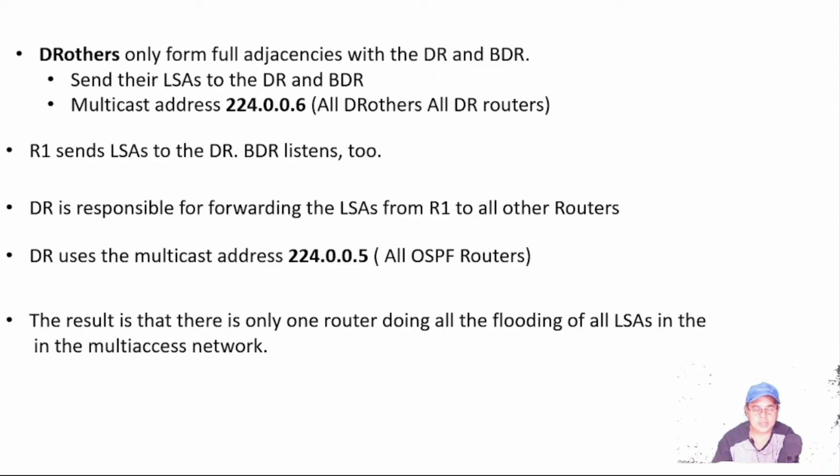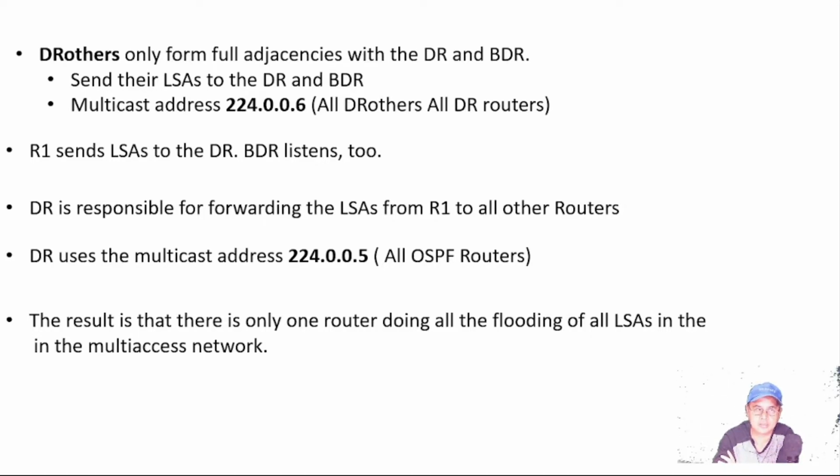Now, these are the important points that you have to understand in the election of DR and BDR. The DR others only form full adjacencies with the DR and BDR. So those routers which are not elected as DR and BDR will become DR others, but they will form full neighbor adjacencies only with the DR and BDR, and not with other DR others.